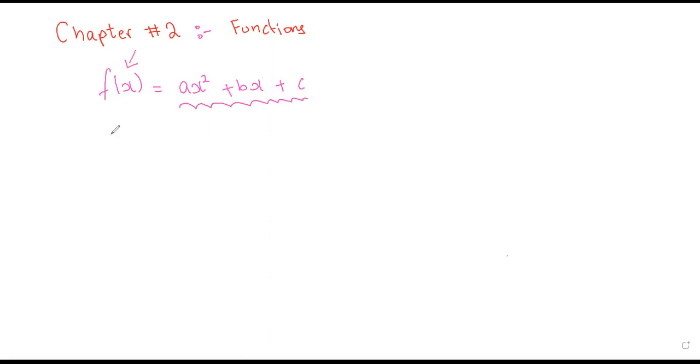It could be that you write g of x equals ax square plus bx plus c. But I'm talking about quadratic functions; let's talk about some linear functions. When I say linear, the degree of the function or equation is 1, meaning the highest power is 1.